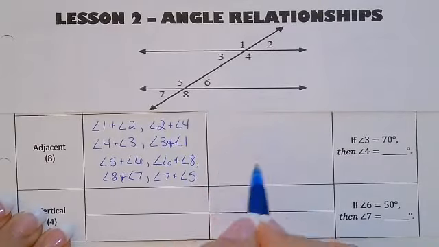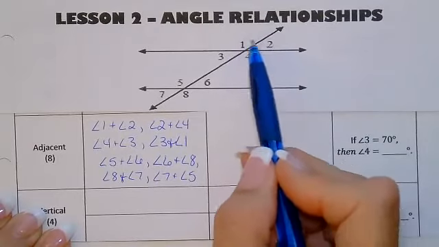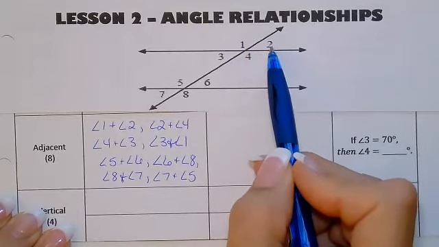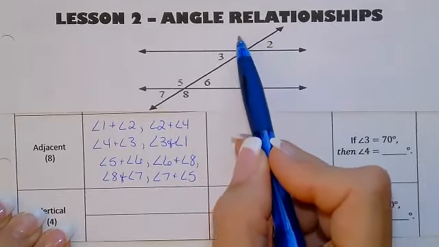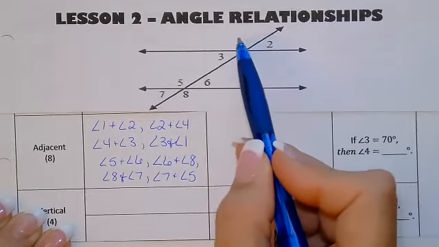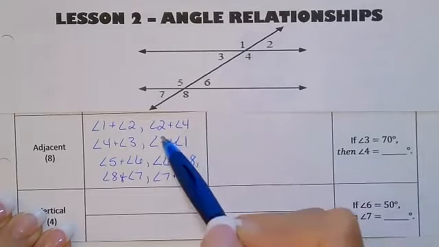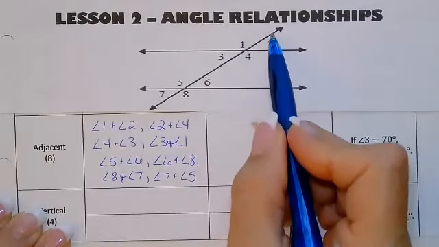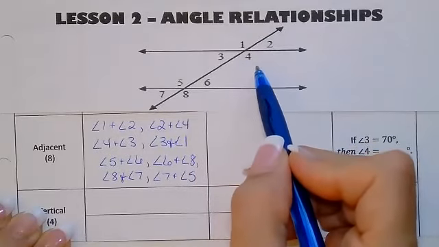Okay, so what kind of angles are these? Well, if I look at 1 and 2, I have an obtuse and an acute pair, which means that they're supplementary. So if I add them together, they would equal 180 degrees. Let me check to see if it happens again. Angle 2 and angle 4. Okay, well, angle 2 is acute and angle 4 is obtuse.